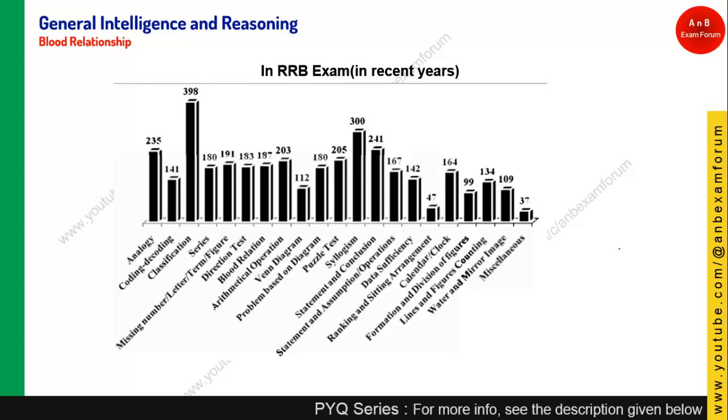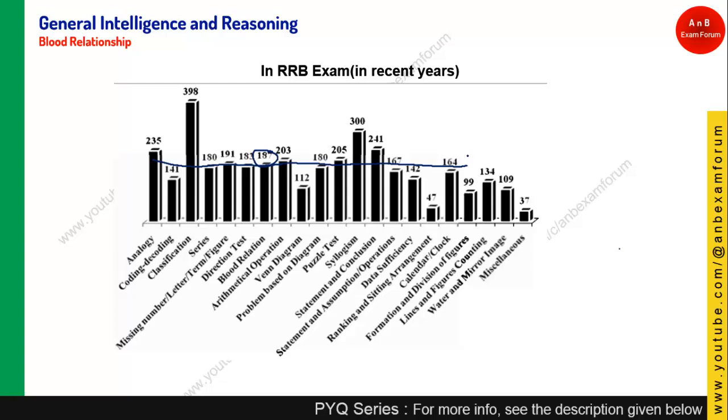So students, this topic is very important in all the competitive examinations. Whether you take SSC, CGL, a clerical exam, or a PO exam, any exam you take, you will find one or two questions from blood relation. And if you see the RRB exam pattern, you will find it is the most relevant section, which was asked in all the years.